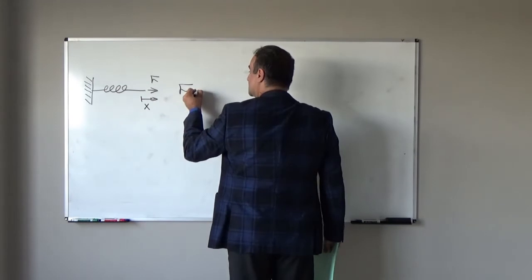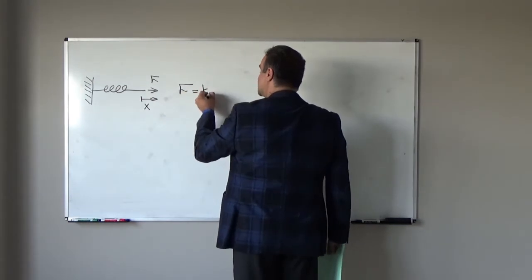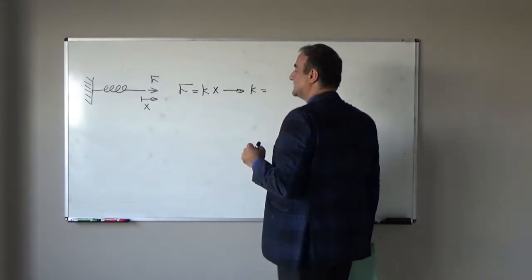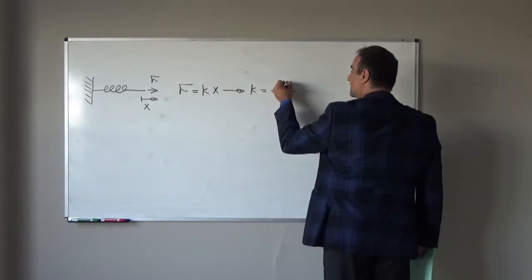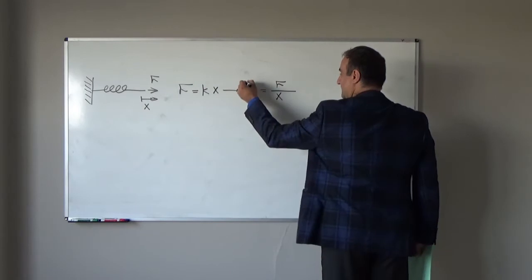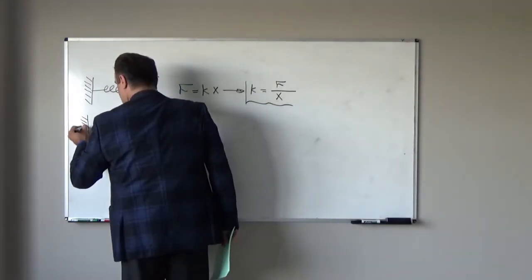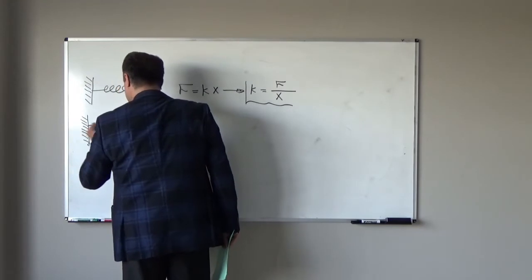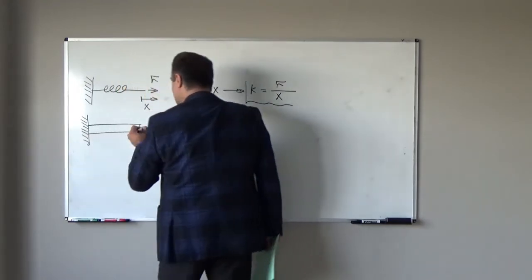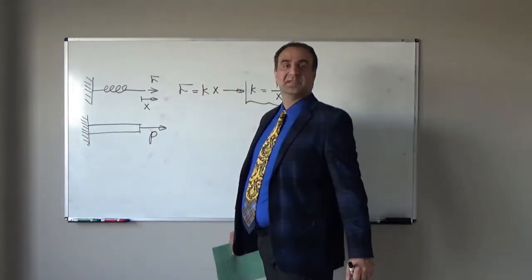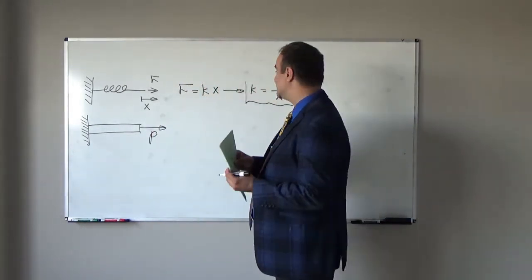Hooke's law states F is equal to Kx, or K, the stiffness constant, is equal to force divided by deformation. If we have a rod made of steel, for example, we apply force under the proportionality limit for linear elastic material.